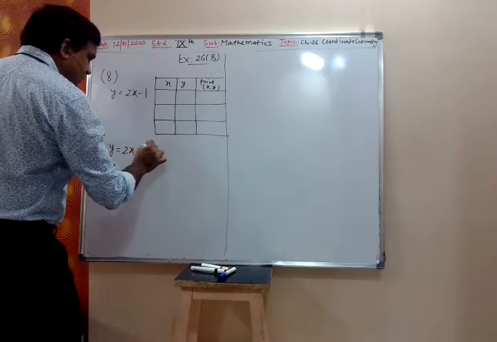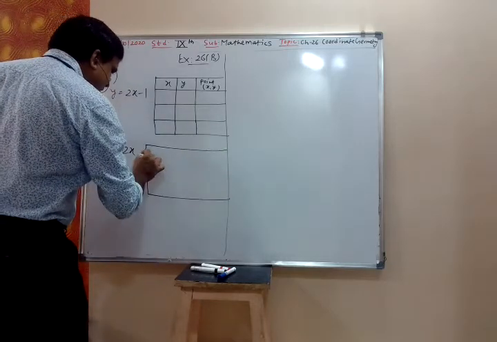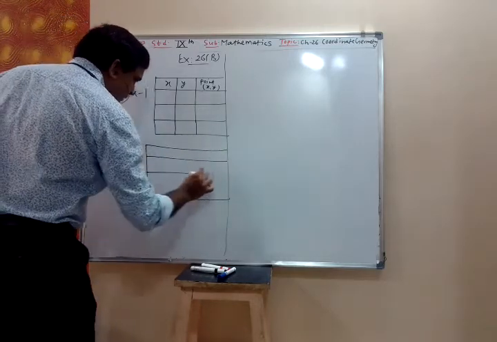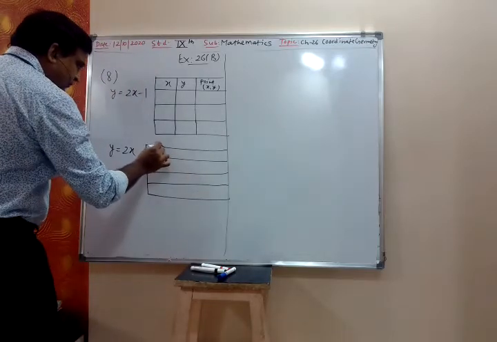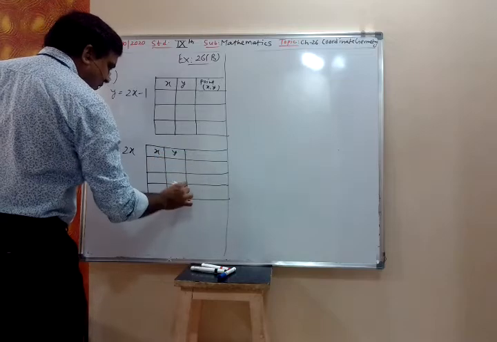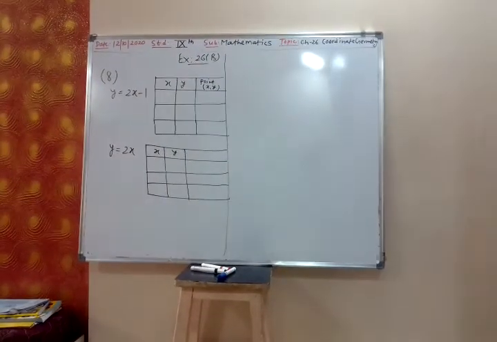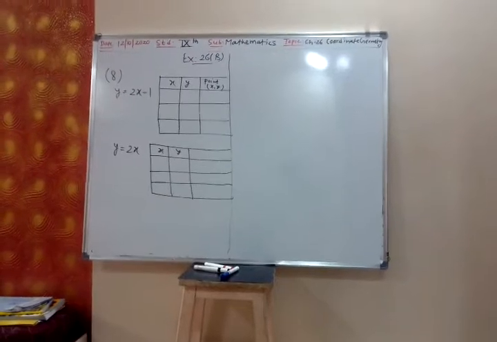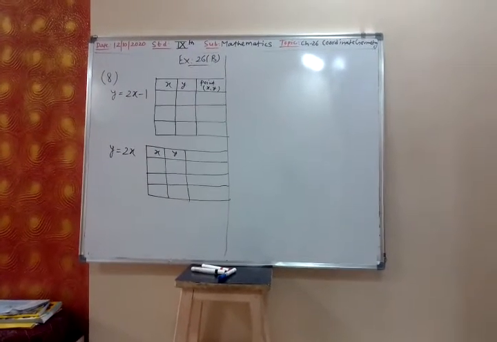7 is homework. For the line y is equal to 2x, again you have to find 3 points. Same graph. On the same graph paper you have to plot this.